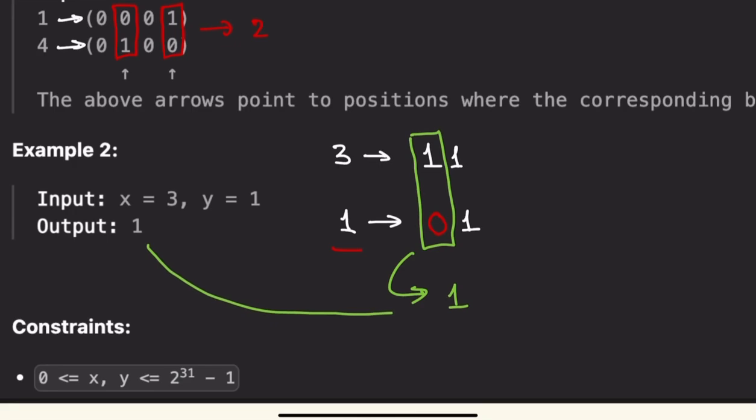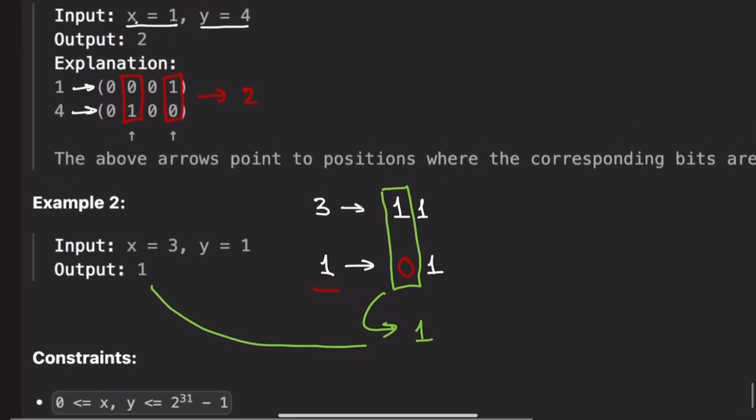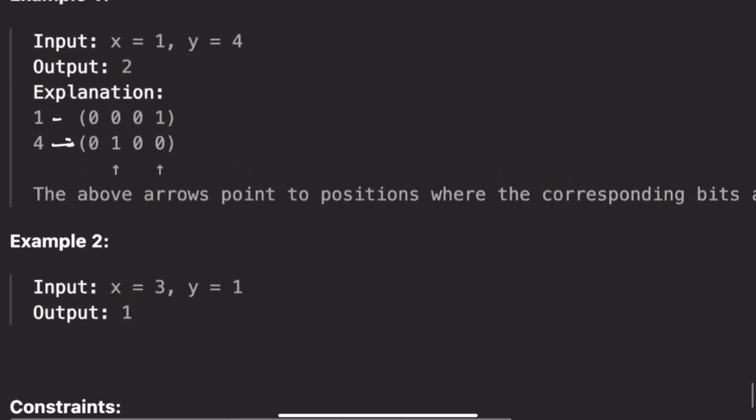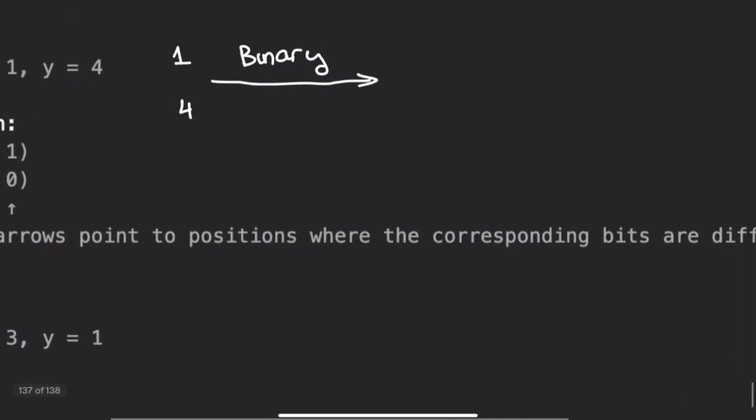So the idea behind this question is also very simple, but some people would come up with a not really efficient approach. When they are given two numbers, the first thing they do is convert both of them into binary, and then convert them again into strings.